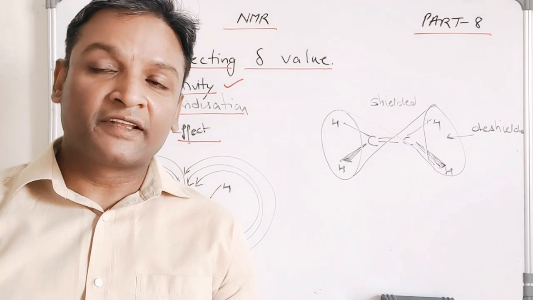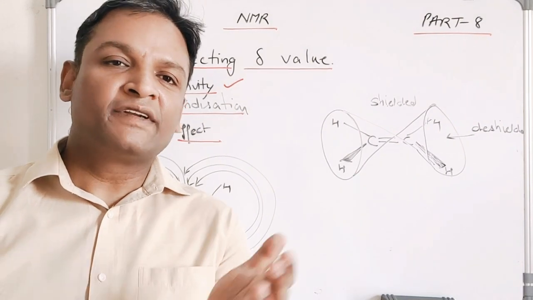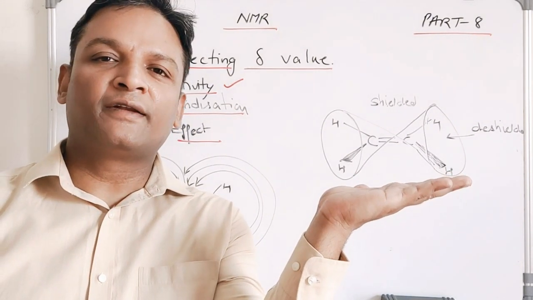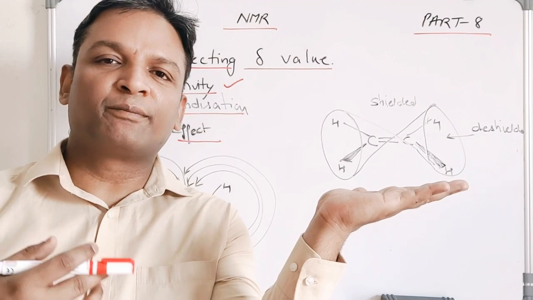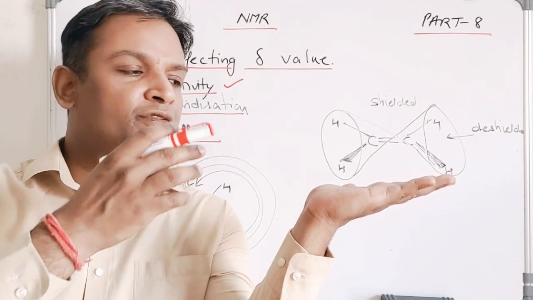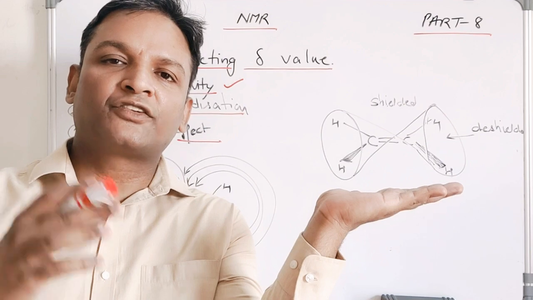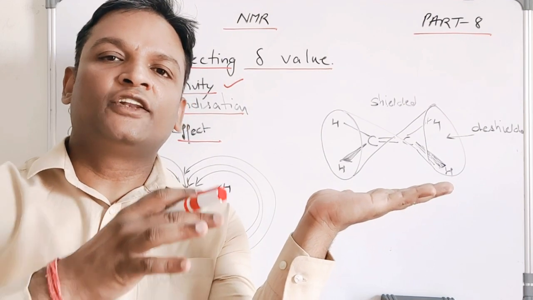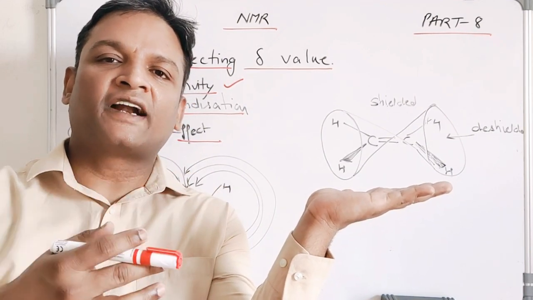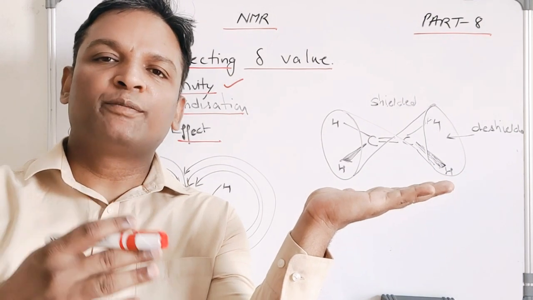What is this effect? When we take any compound which contains a double bond, which contains pi electrons, and we introduce this compound to an external magnetic field, the loosely held pi electrons start circulating in a particular direction.